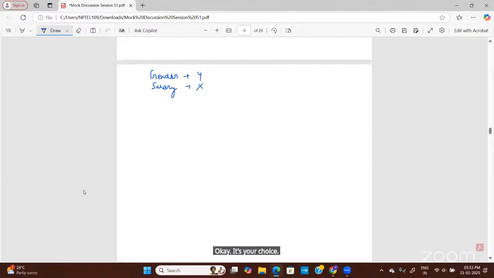I'm taking X as salary and Y for gender. Then the point biserial correlation coefficient will be Y0 bar minus Y1 bar divided by the standard deviation of X, into the square root of P0 into P1.